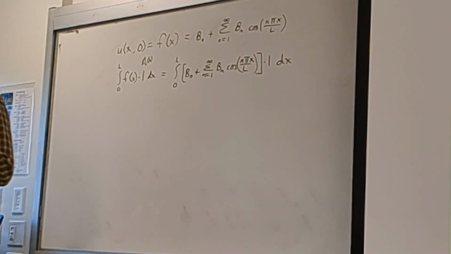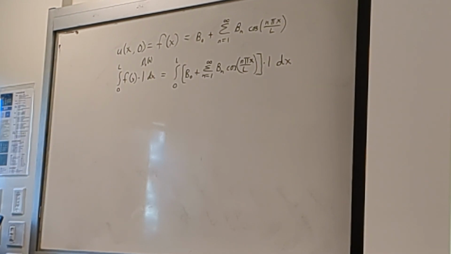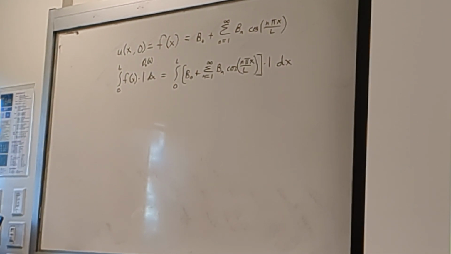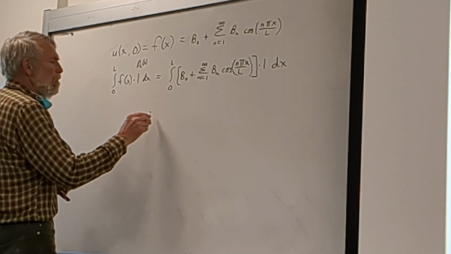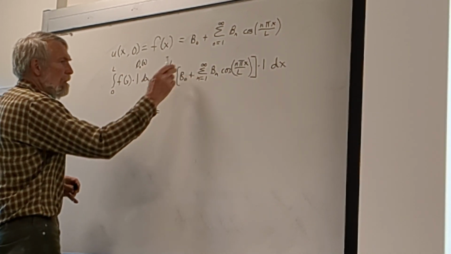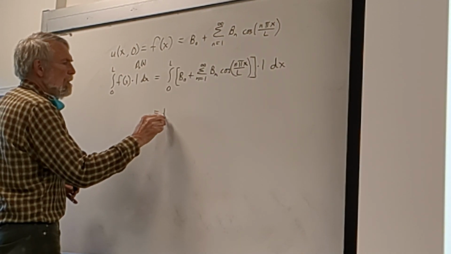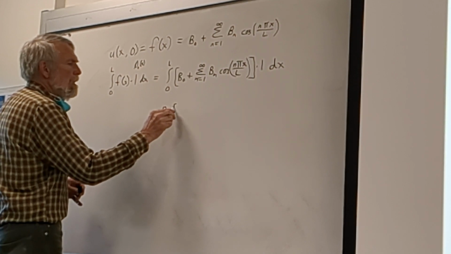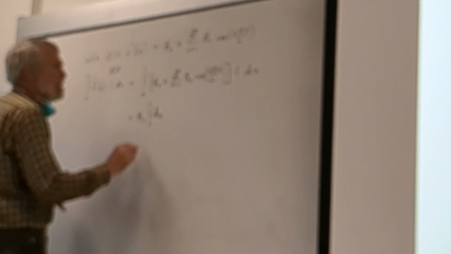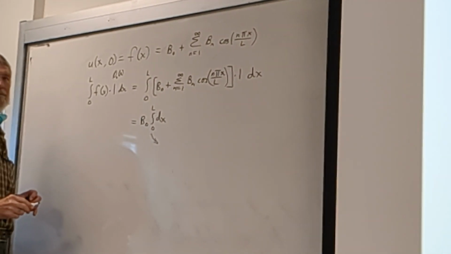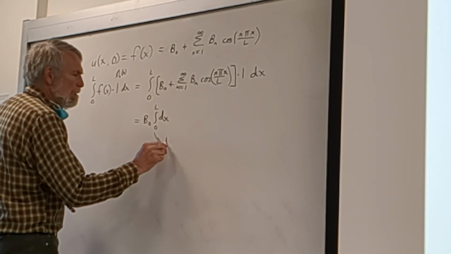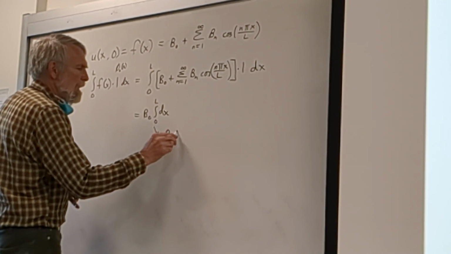Multiply both by the same eigenfunction and integrate over the same interval. So this becomes b0 times the integral from 0 to L of dx. What does that go to? L. That just gives us b0 times L.